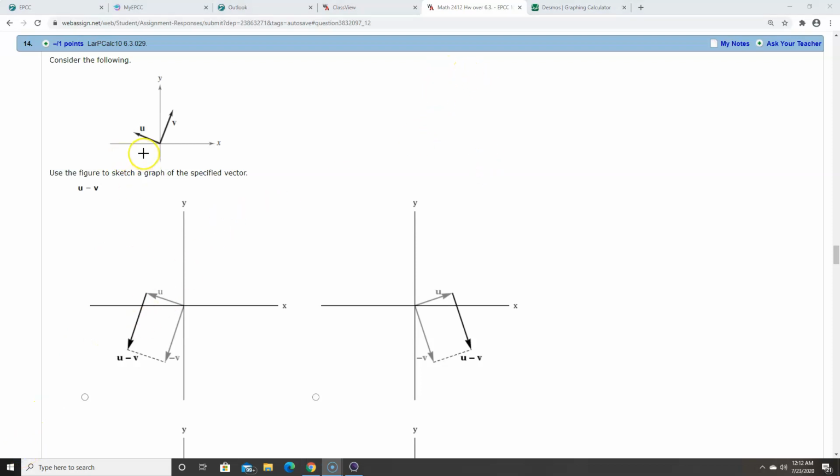And so when we do that, if I can, again, pretend that's negative vector v.